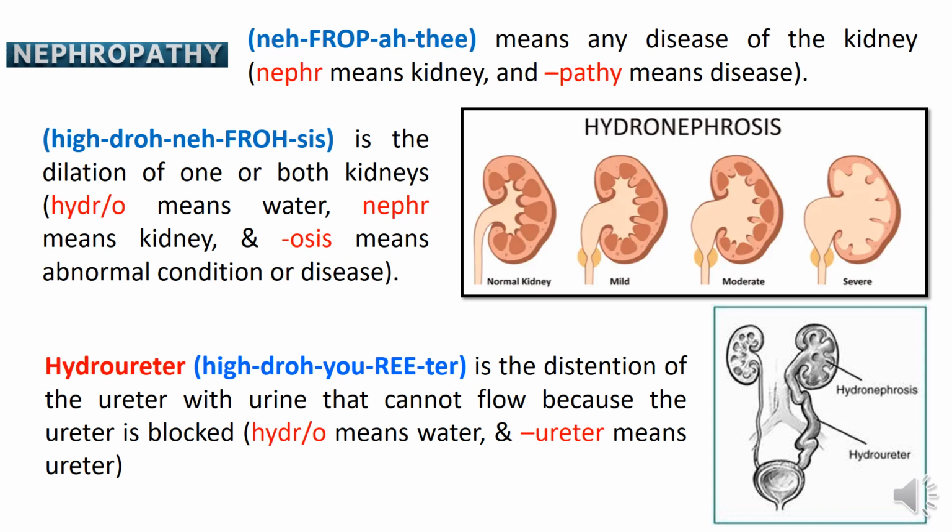Hydro means water, nephro means kidney, osis means abnormal condition of the disease, which means it's the dilatation of one or both kidneys due to some pressure. Hydroureter. Hydro means water and ureter means ureter. It's the distension of the ureter with urine that cannot flow because the ureter is blocked.